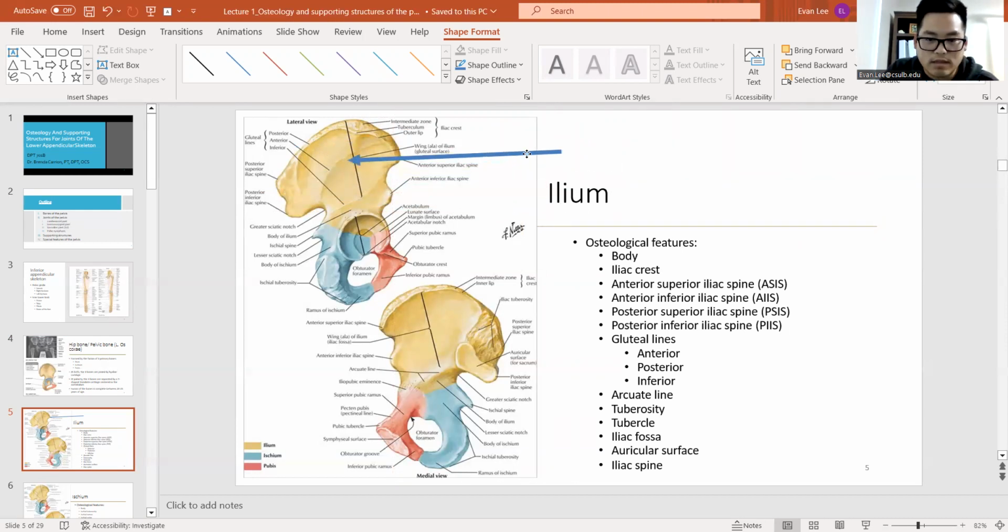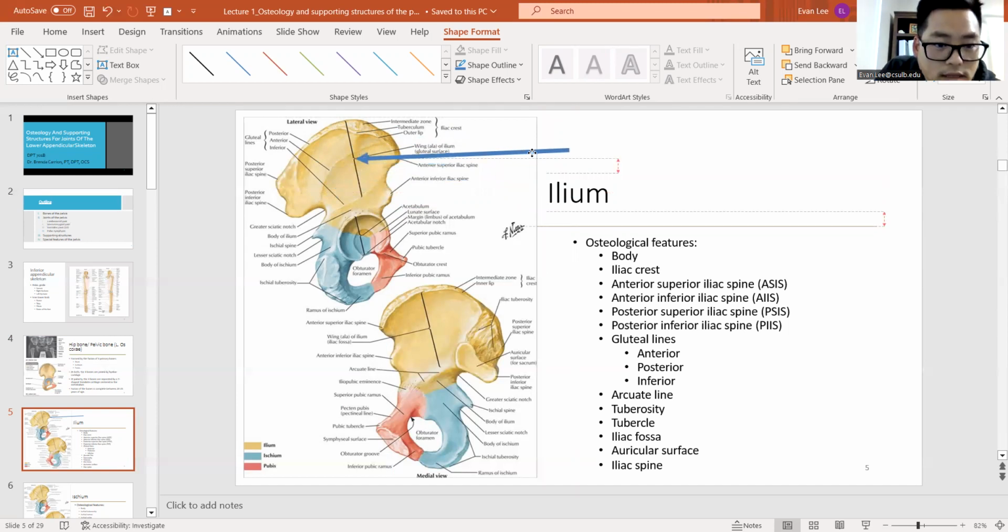Now, if you look closely though, there are also these lines that are coming off of the side of the ilium. They're somewhat faint, so they're kind of hard to see sometimes. But if you look over here, you can see one generally in the middle. This is going to be called the anterior gluteal line.